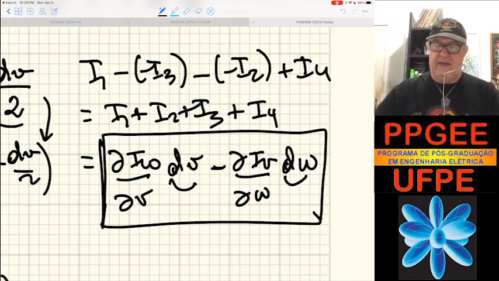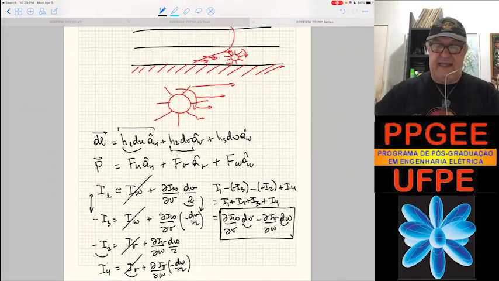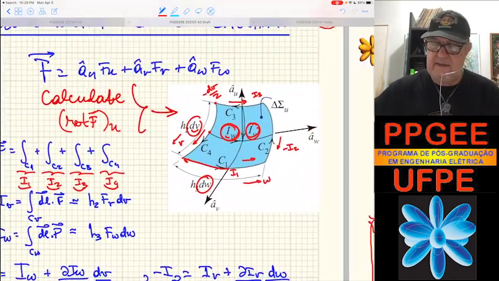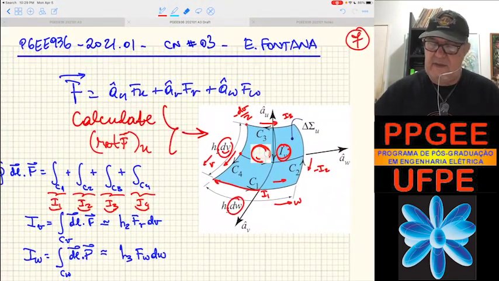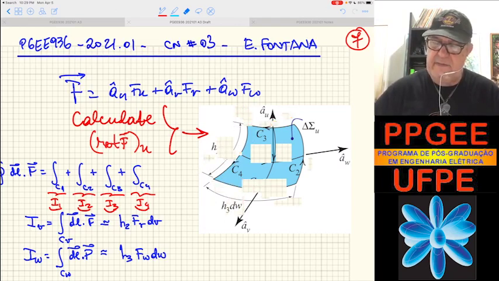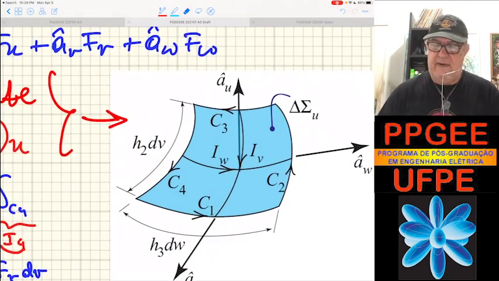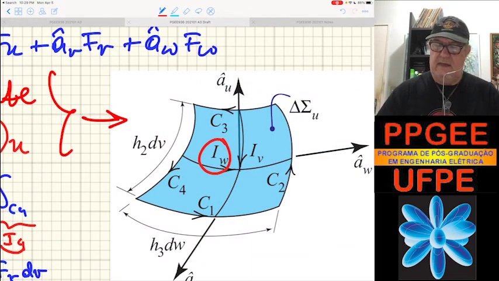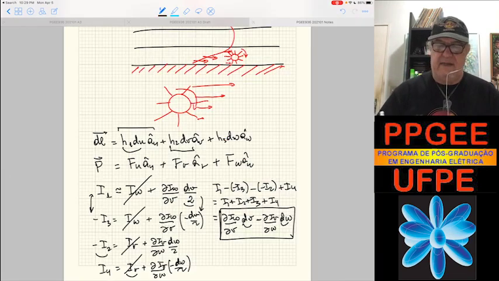So just to conclude, what is IW? Let me erase those things here. So let's see this diagram again. Well, IW, I already did that here, but it's not here.